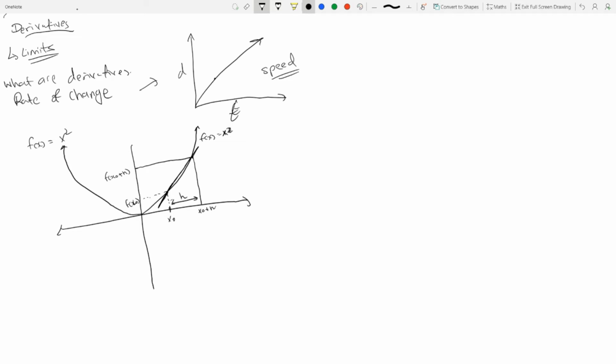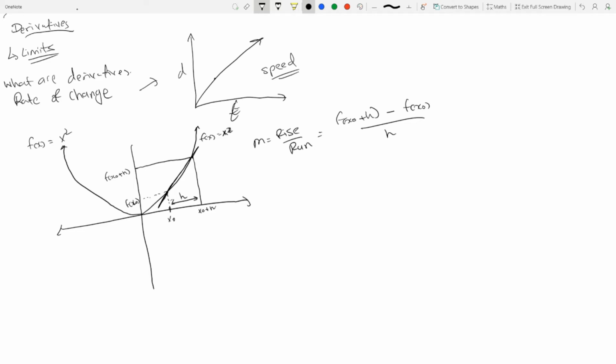How would we define that? If you remember, what is slope? It's just rise over run, right? In this case, it would just be f of x naught plus h minus f of x naught over h, because that's how much it's changing by.